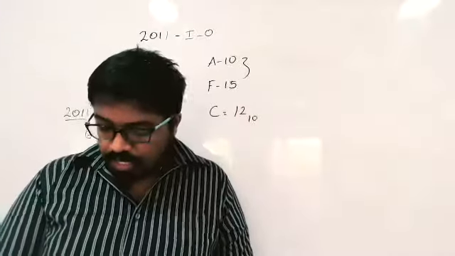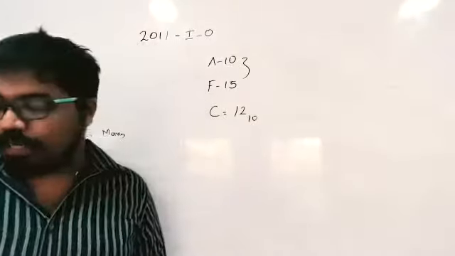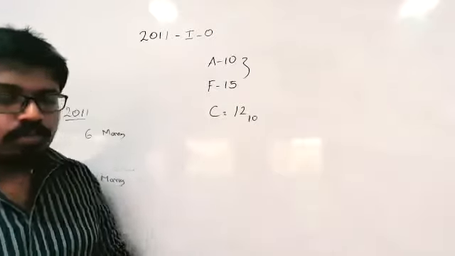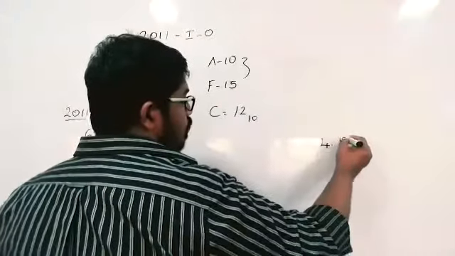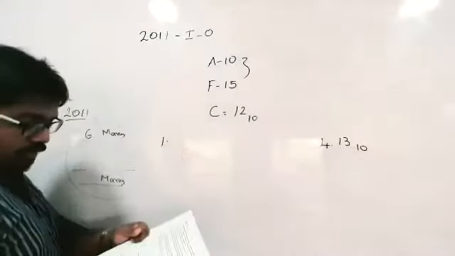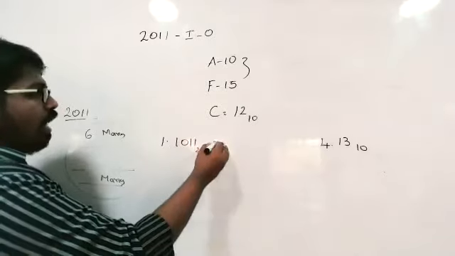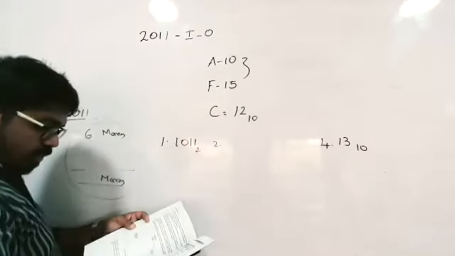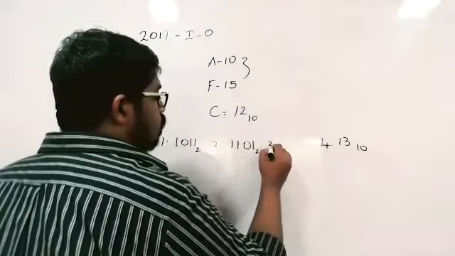But when you consider that one, your fourth answer option is 13 base 10. And the first answer option is 1011 base 2. And the second answer option is 1101 base 2.